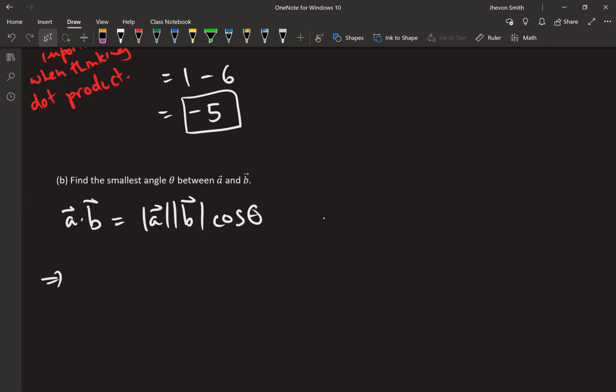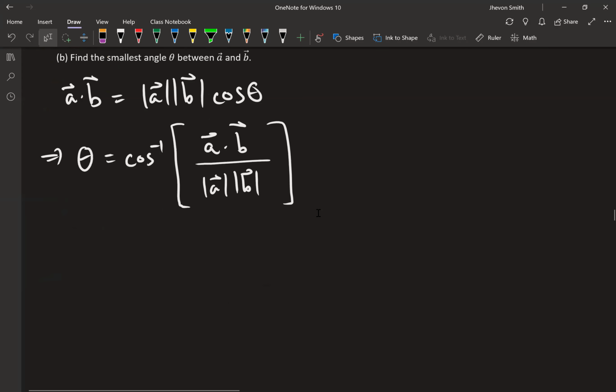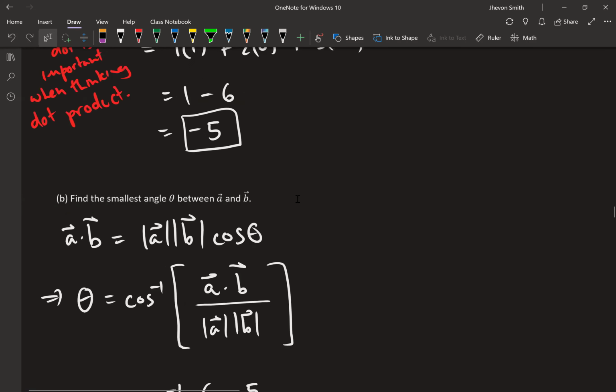In other words, theta is going to be the cosine inverse of A dot B divided by magnitude of A, magnitude of B. A dot B we just found. That was minus 5.